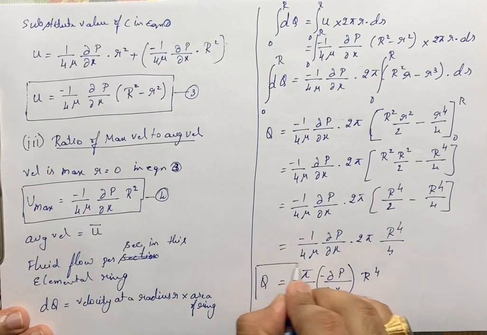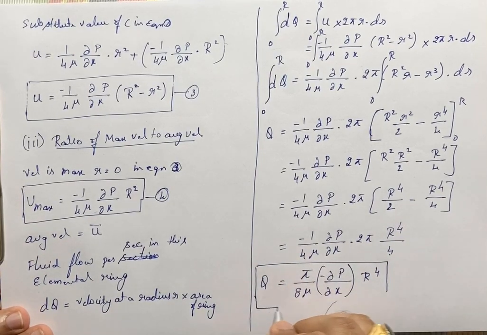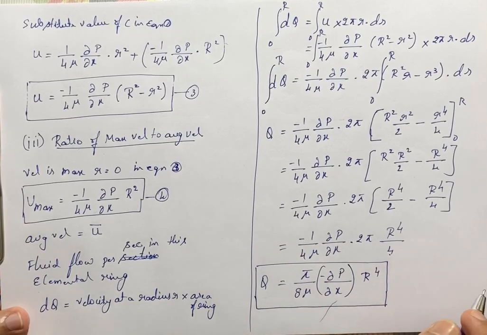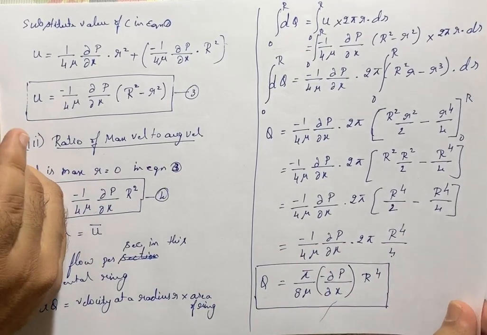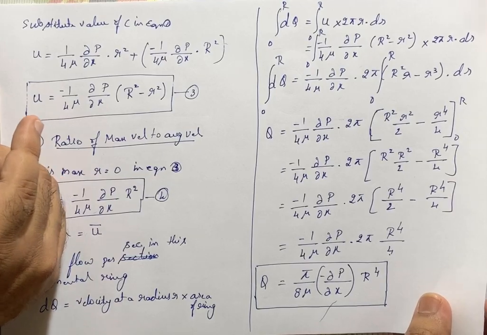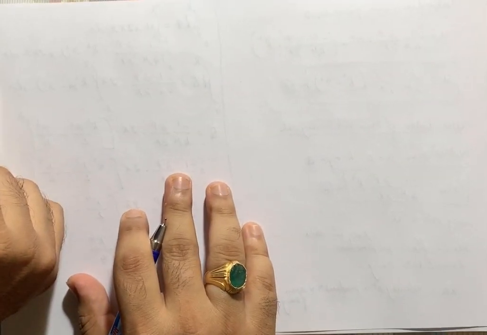This is the discharge here, right. Discharge Q is equals to pi divided by 8 mu, minus dou p by dou x into r raised to 4, right.